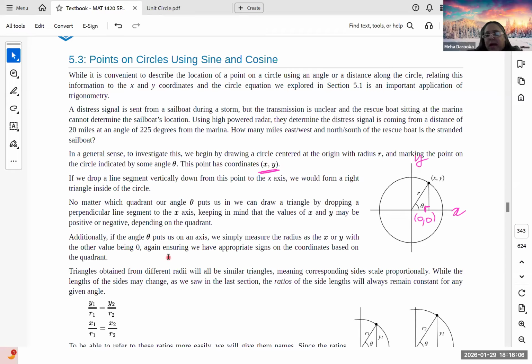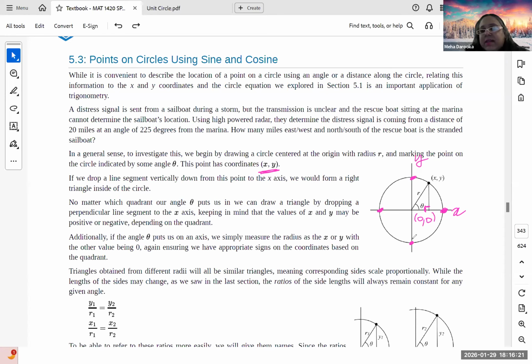If you already have the y, the x will be 0, right? Because those will be the points that fall right on the axis itself. So think about this point here, this point here, this one here, and this one here.